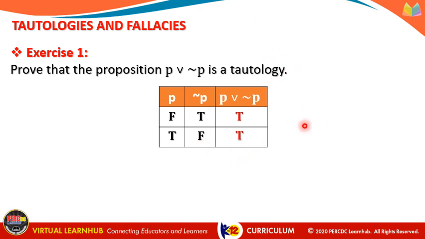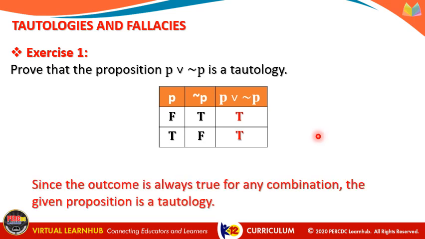As you can see, in this final column, the truth value of this proposition will always be true regardless of the truth value of the proposition P. Thus, what we have is a tautology. So since the outcome is always true for any combination, this given proposition is a tautology.